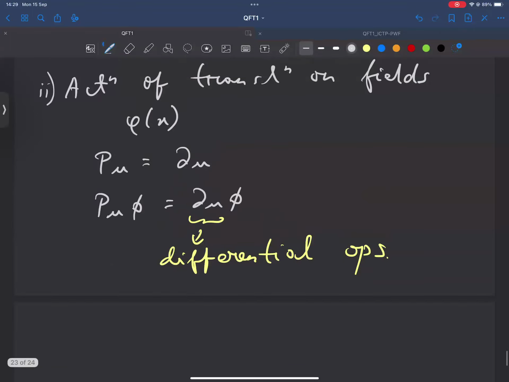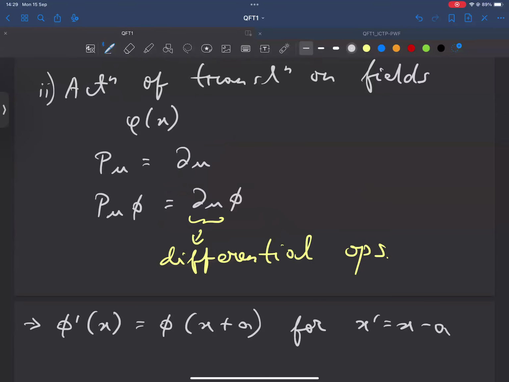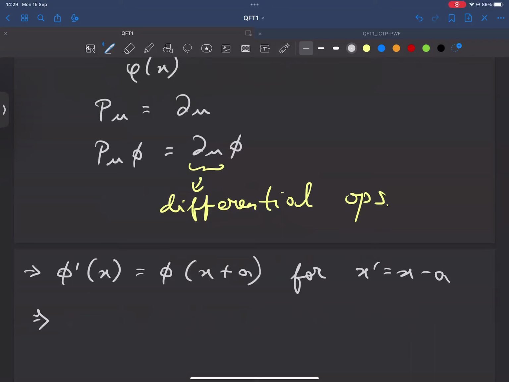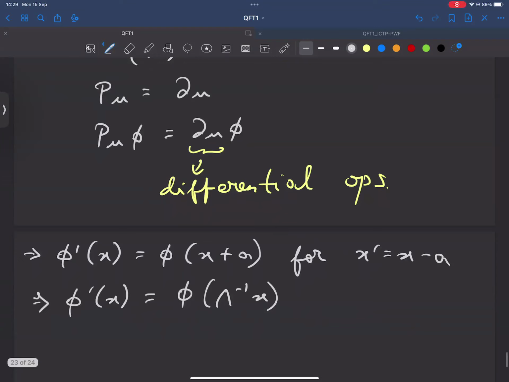And as we saw, from translation we had this relation, right? For a translation of this kind. So you can check that for a general Lorentz transformation, the action on the scalars will be something like this.